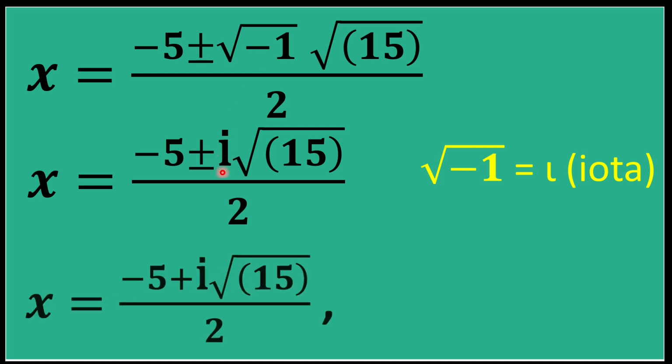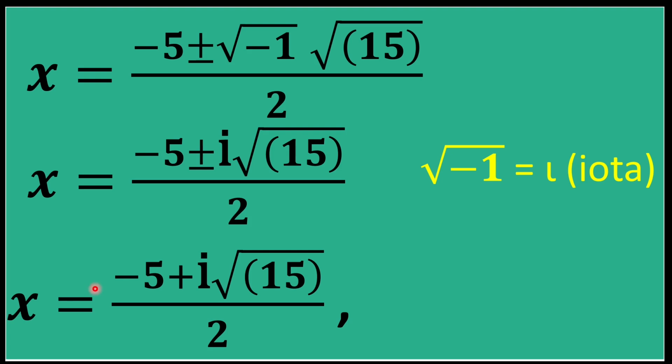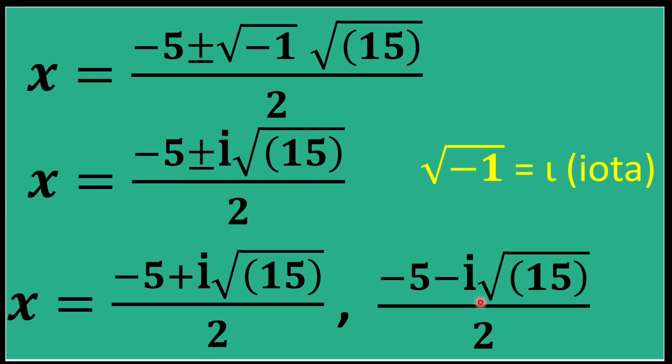So overall, x is equal to minus 5 plus iota under root 15 divided by 2, and similarly we will write this with minus. So these are two values of x. This is the solution set of the given equation.